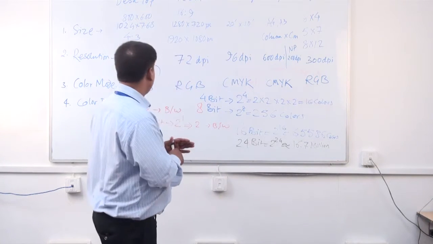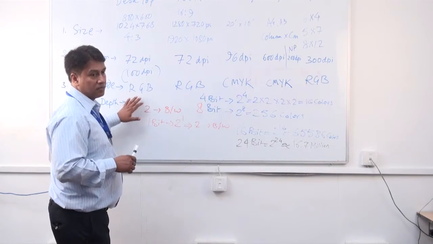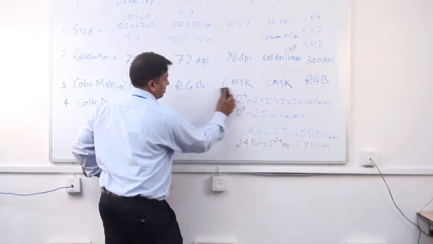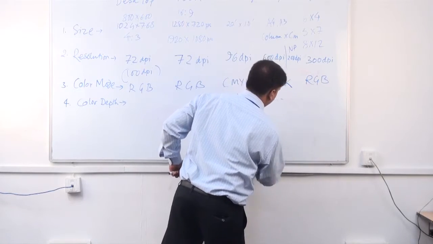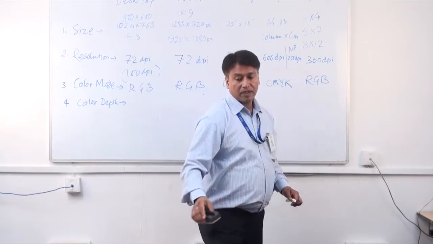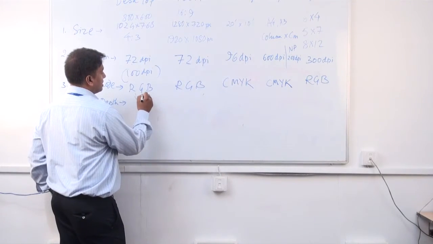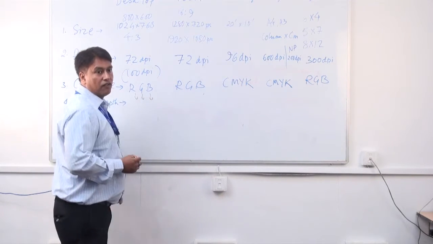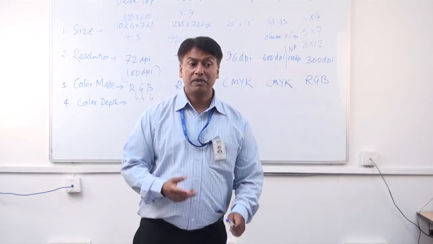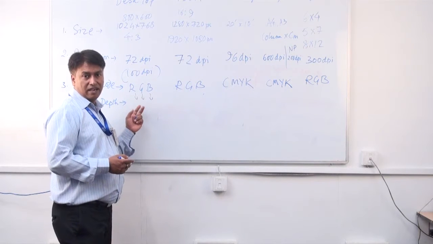So coming back to desktop film, color depth comes here. In Photoshop you open a file in 8-bit per channel. How many channels are there for an RGB image? It will have 3 channels, no? Red, green, blue.